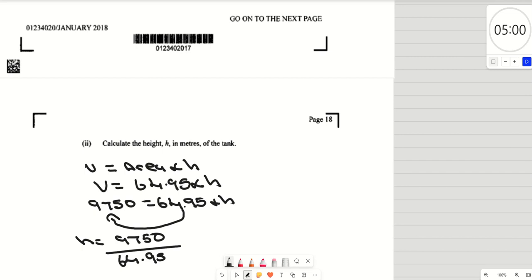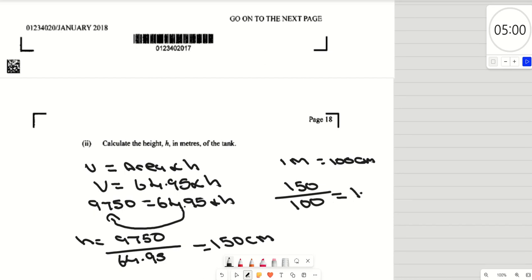Let's just check this out, 9,750 divided by 64.95. You'll get your height as 150. But we want it in meters. 1 meter is equal to 100 centimeters. Right? So 150 centimeters will be divided by 100.